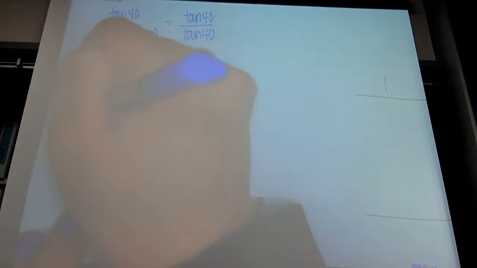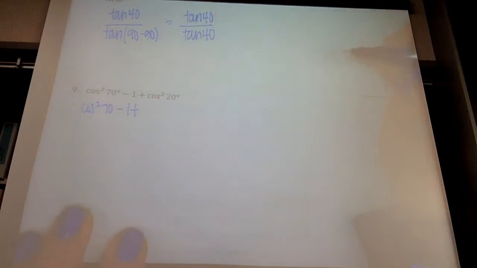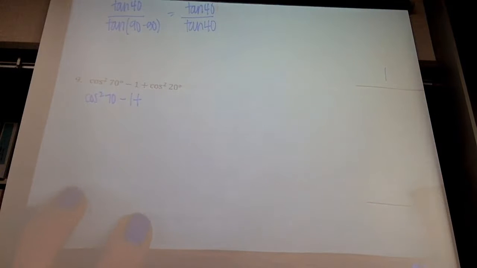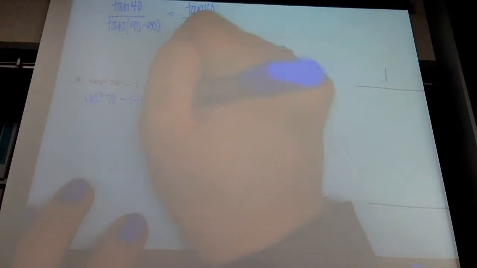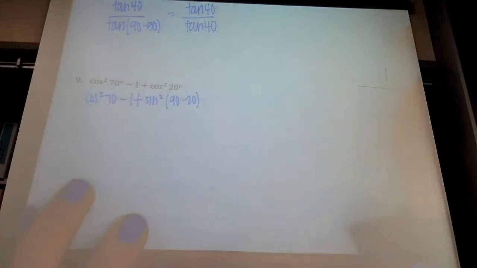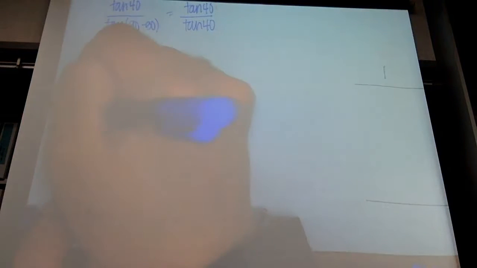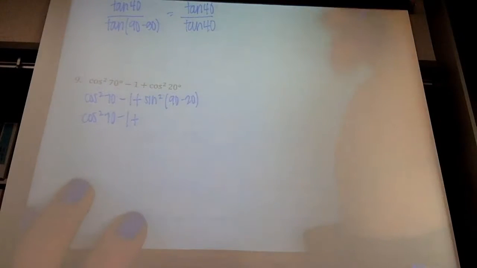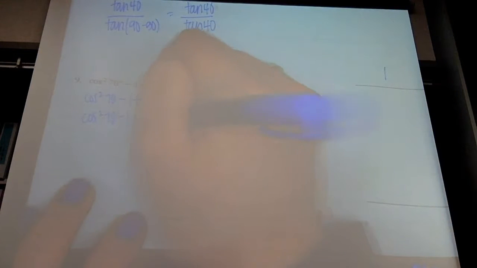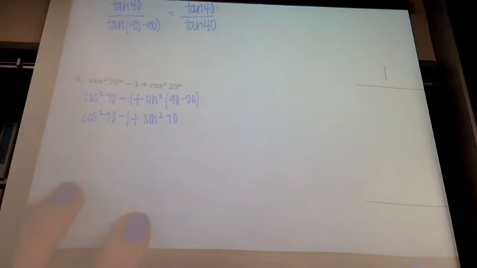So I have cosine squared 70 minus 1 plus, using the complementary angles theorem, sine squared of 90 minus 20. And lucky us, it gets us sine squared 70.